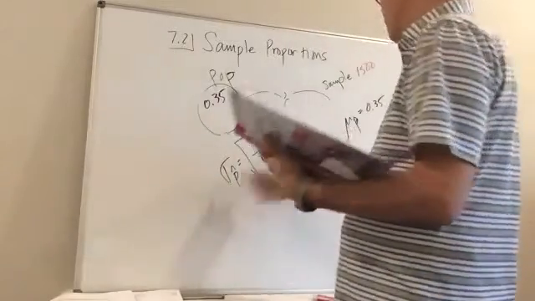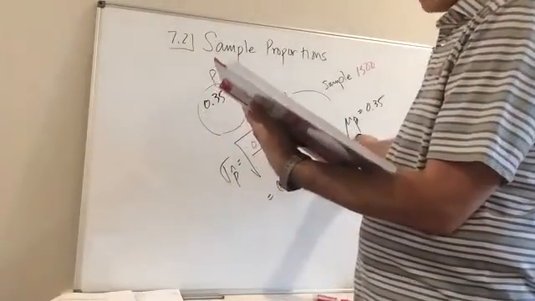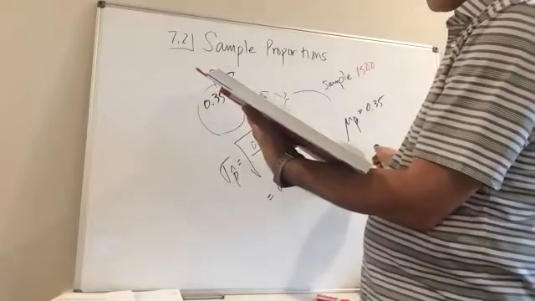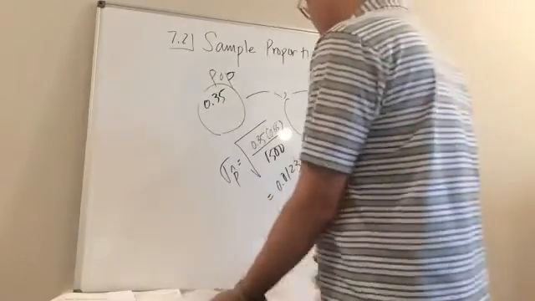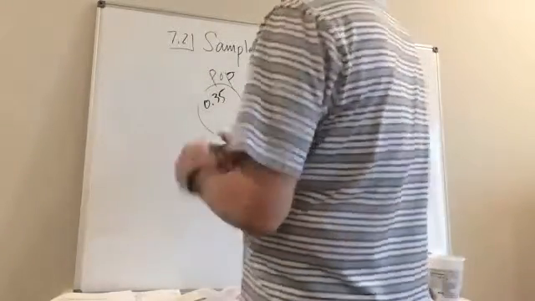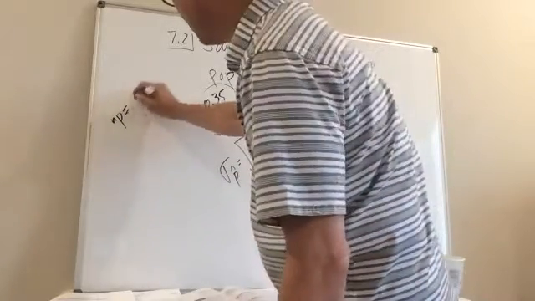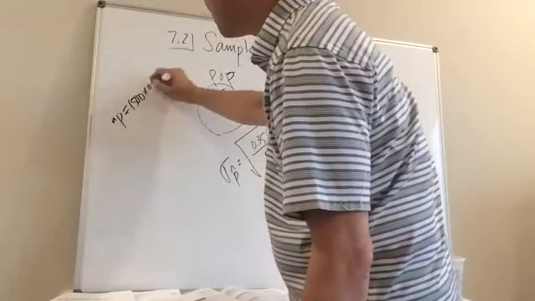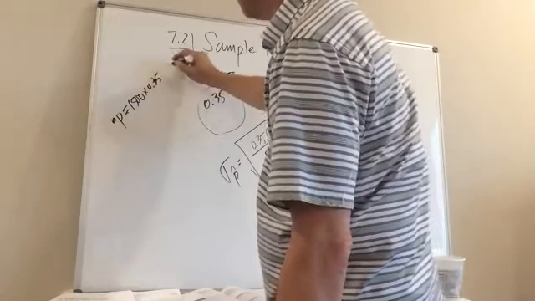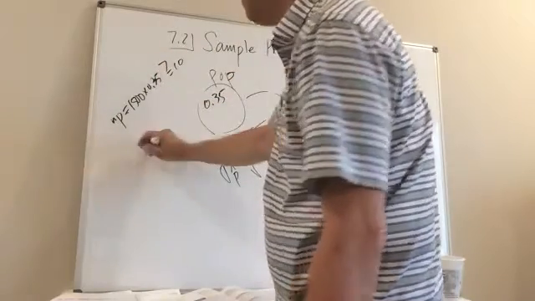Okay, so that's my sigma. This is my mu. So that's a normal distribution, right? Let's verify that it's a normal distribution. I have to have np, which is 1,500 times 0.35, and that is definitely greater than 10.